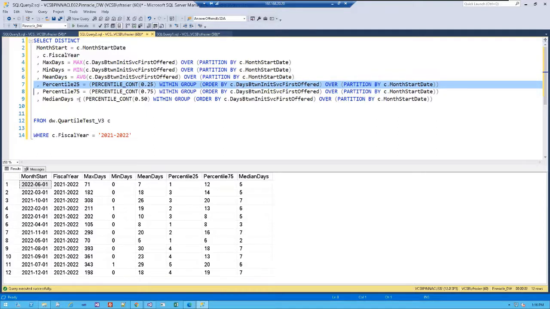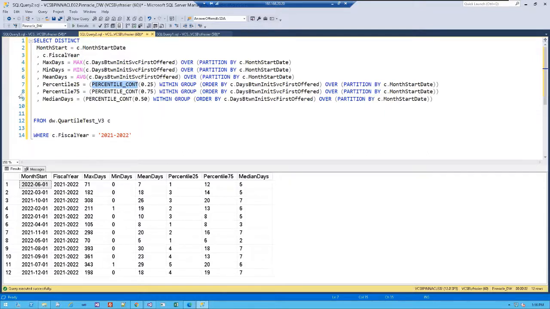This is where these SQL windowing functions get very powerful, and we can derive those using the percentile CONT function in SQL and group them, which is very nice.